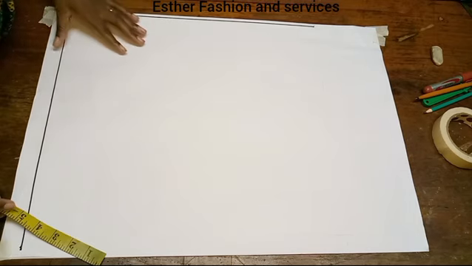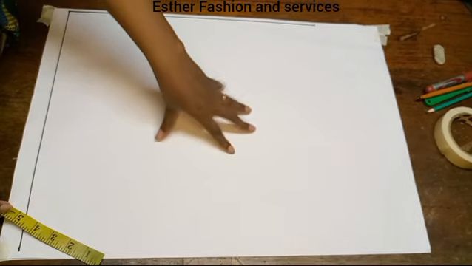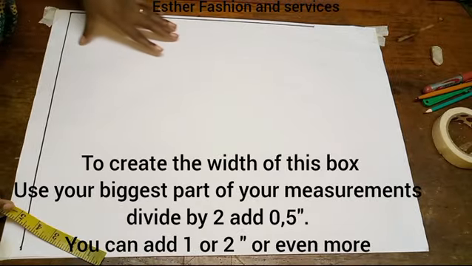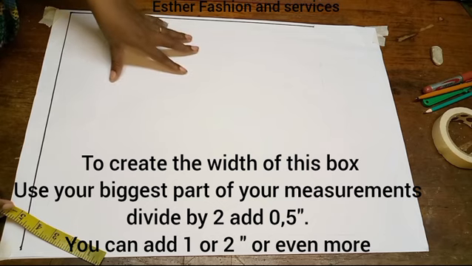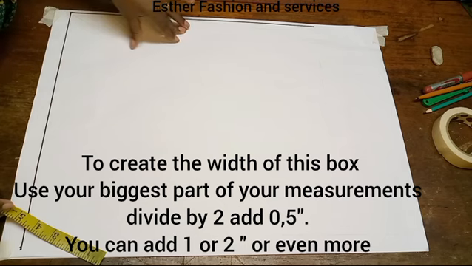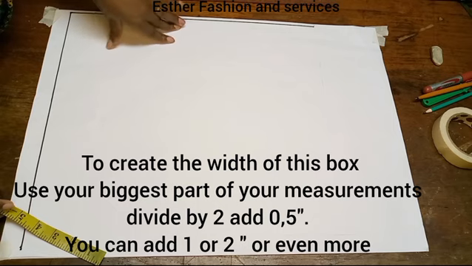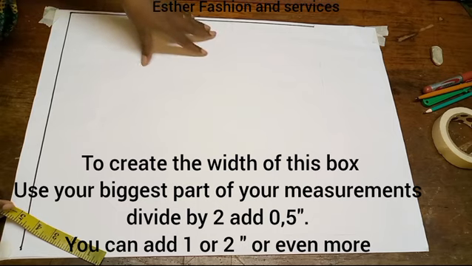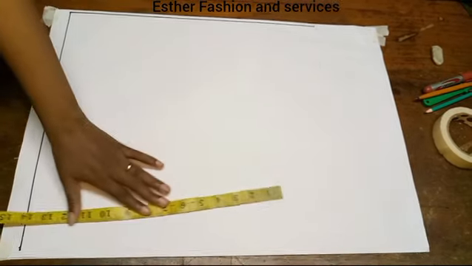To create the width of this block, you need to use your biggest measurement, which is my round bust measurement. My round bust measurement divided by 2 will give me 17 inches, plus half an inch gives me 17.5 inches.